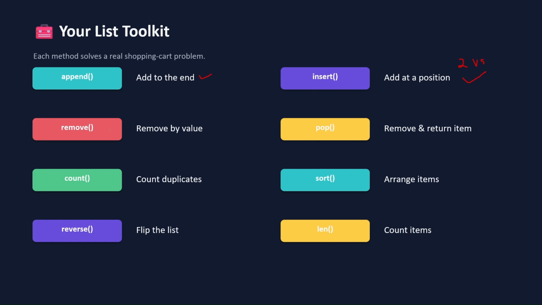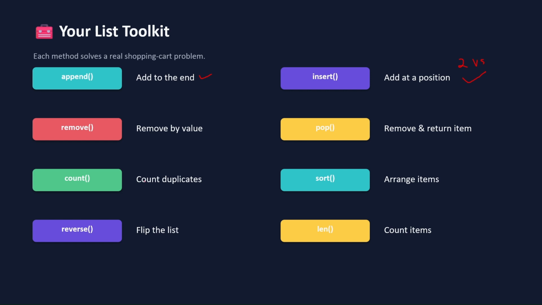Similarly, the remove method is used to remove a value. The pop method is also used to remove, but it returns the item. This is the difference between remove and pop. Remove will remove the value, while pop will remove the item and also show which item is being removed. This is very important.